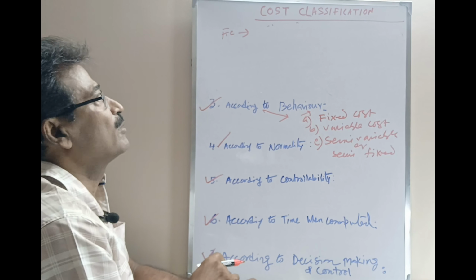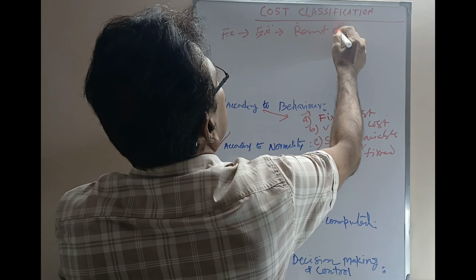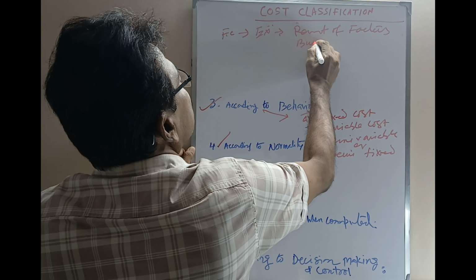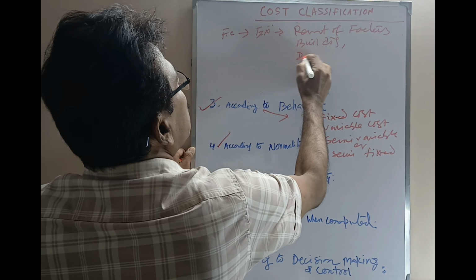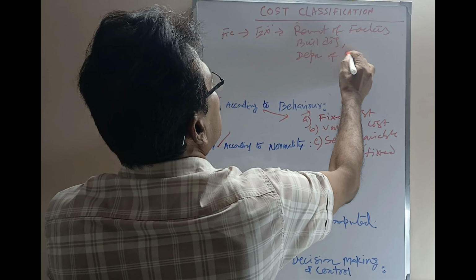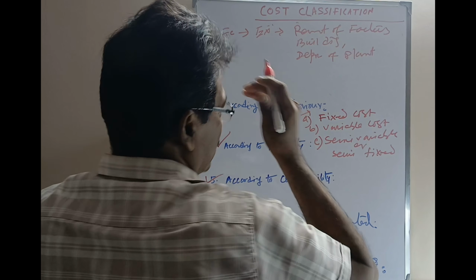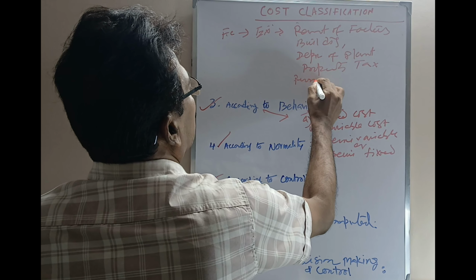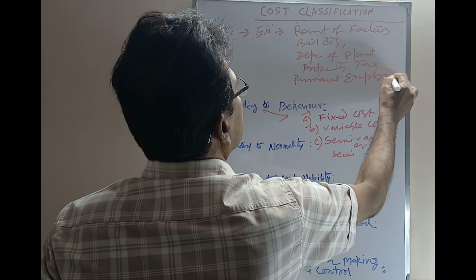Examples: rent of factory building, depreciation of plant, property tax, permanent employee salary.